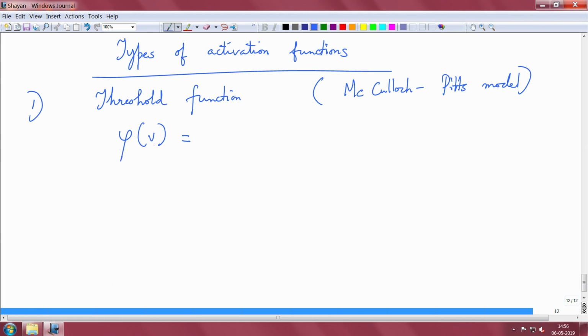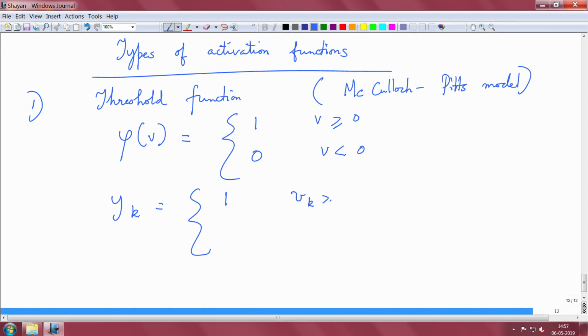So v is our local induced field and phi of v is basically 1 if v is greater than or equal to 0 and it is 0 otherwise. And yk is essentially this output which is phi of v. Therefore yk is 1 if the local induced field is 0 or positive and it is 0 otherwise, right. A sketch of this is as follows. So I will just put this in black.